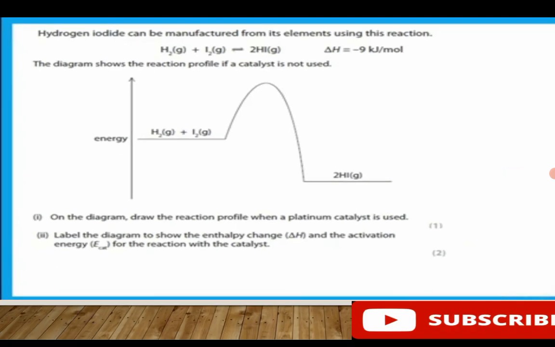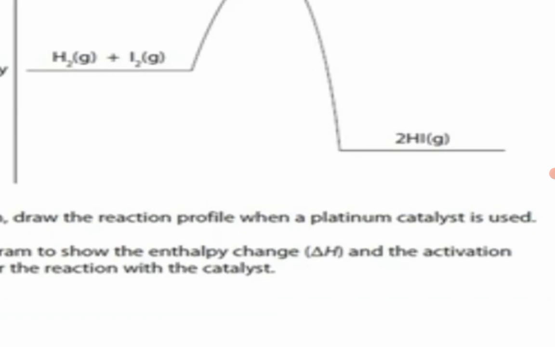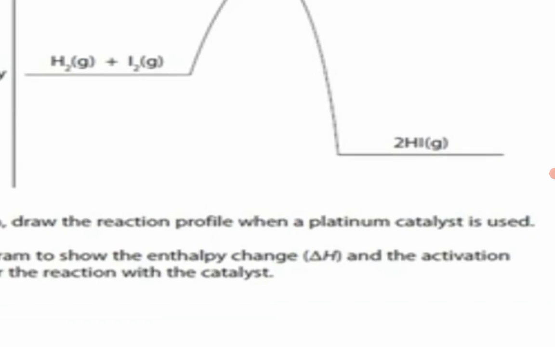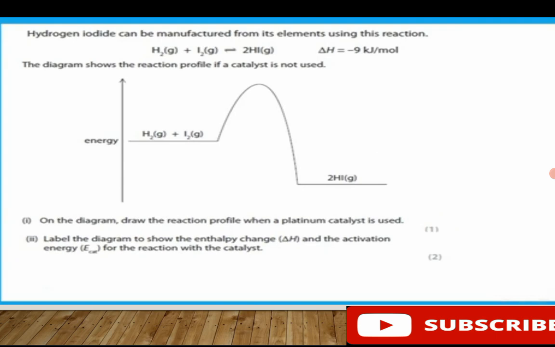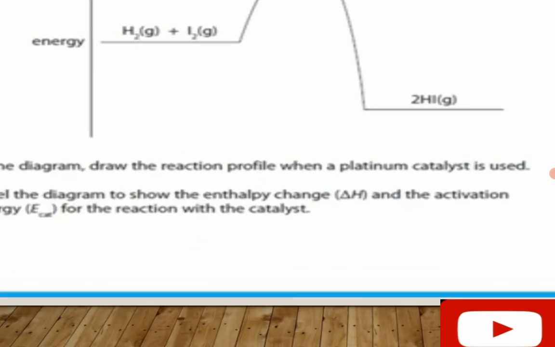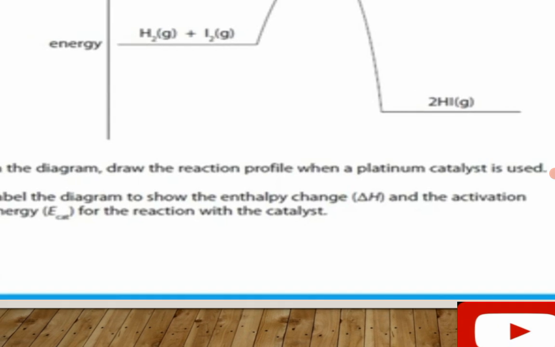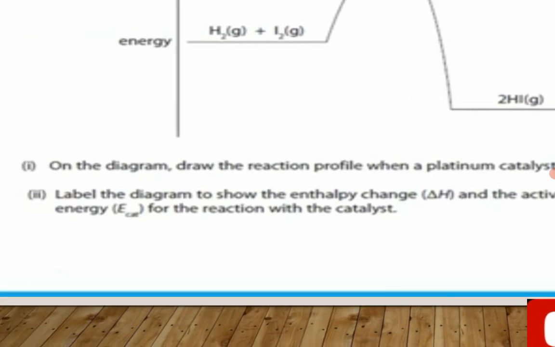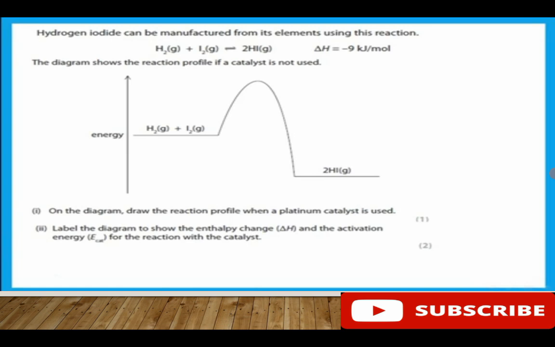The question is, on the diagram, draw the reaction profile when a platinum catalyst is used. So for this particular reaction, you need a platinum catalyst to lower the activation energy. On the same diagram, label the diagram to show the enthalpy change and the activation energy for the reaction with a catalyst.